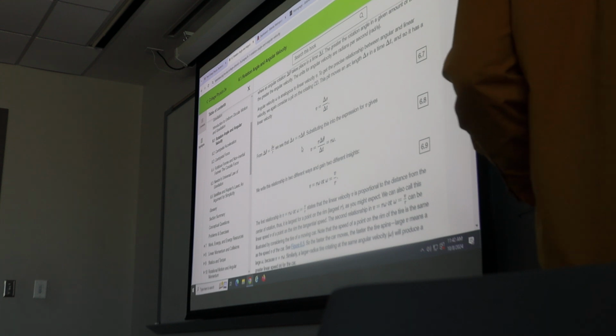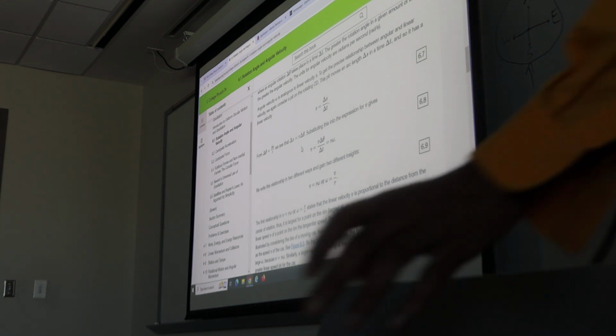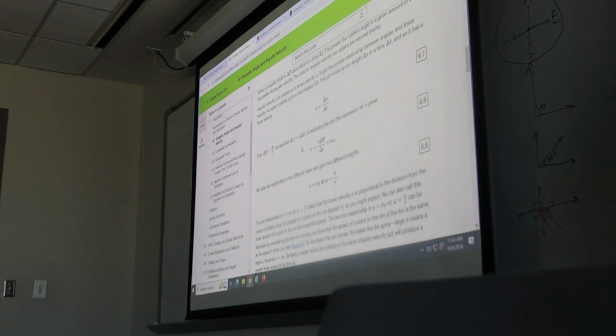So then I should have my linear velocity: 0.44 times 7.66.